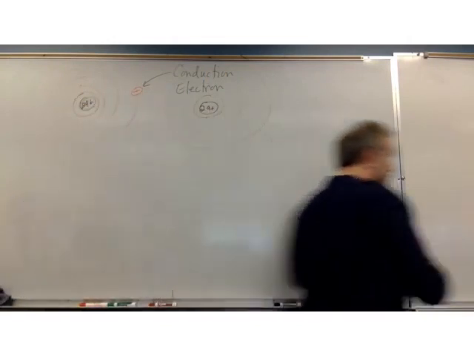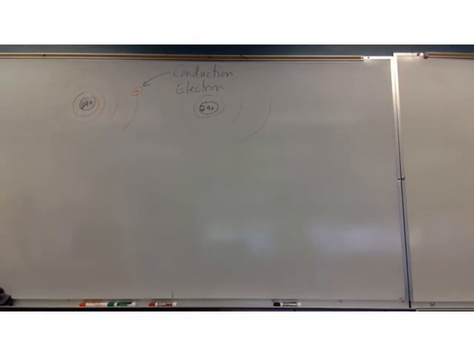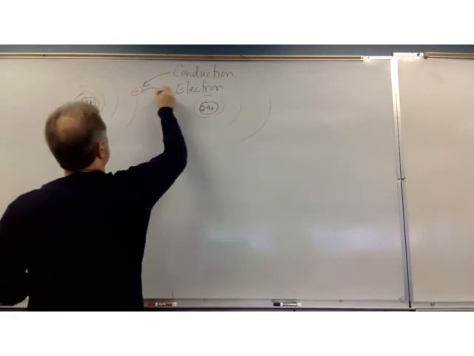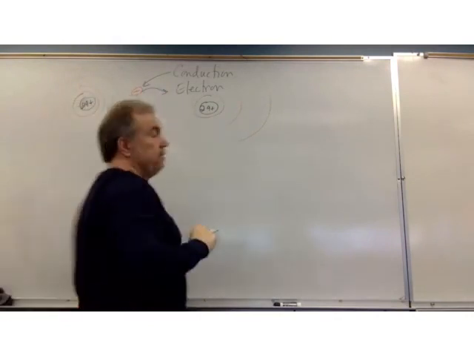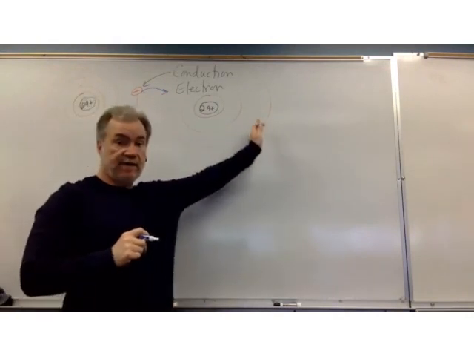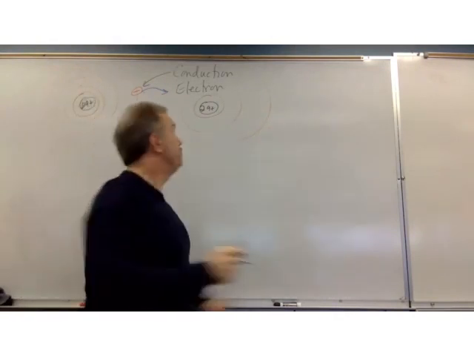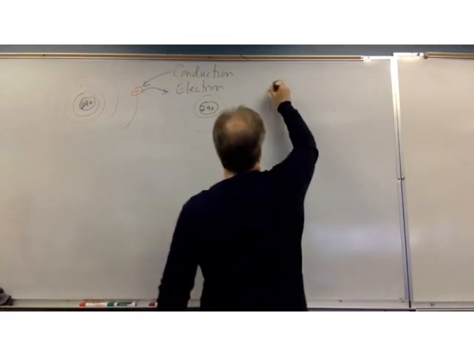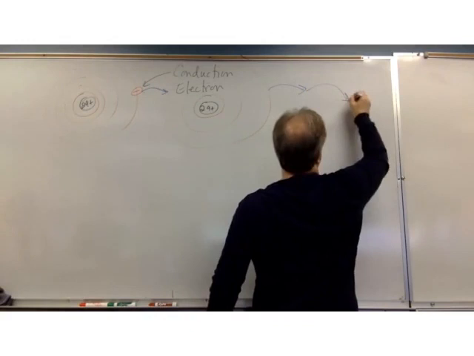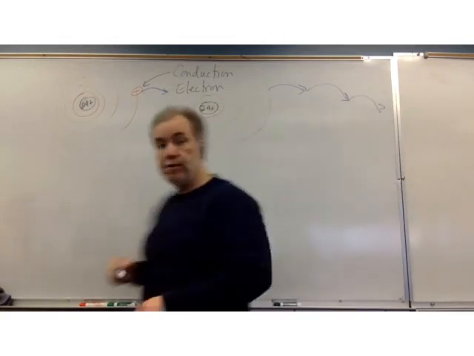Do this in a different color. And it wanders over and attaches itself to this atom here, if that atom has had its conduction electron also knocked loose. And if so, then its electron went over to this atom, which then goes over to this atom, which goes over to this atom, and this is a current.